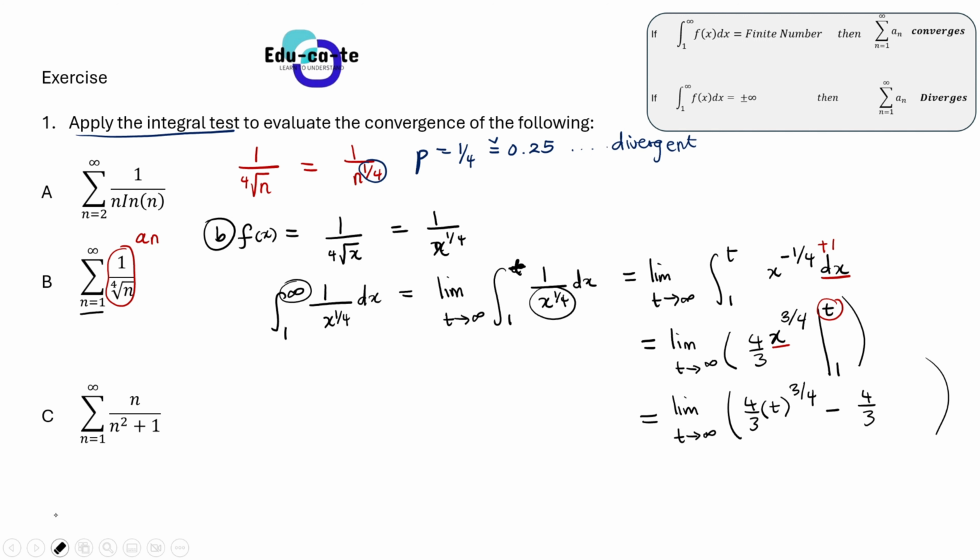And then now that you have this, you now evaluate your limit, because here you have got the limit as t tends to infinity for this expression and for this expression as well. So let's just expand it so that it's better to see. The limit as t approaches infinity of 4 over 3 t to the power of 3 over 4, minus the limit as t approaches infinity of 4 over 3.